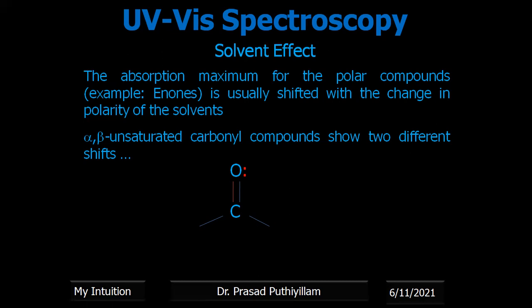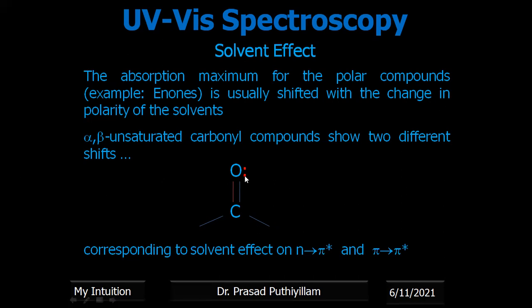So this alpha beta unsaturated compound shows different shifts. It corresponds to the n to pi star and pi to pi star transitions because we have a lone pair of electrons, or n electrons. As well as being a carbonyl compound with a double bond present here, the alpha beta unsaturation double bond is also participating in this particular absorption spectrum.